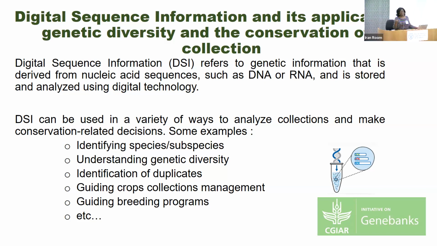We heard this morning that there is a lack of taxonomists in the world. We have fewer experts in that domain, so digital sequence information can play a role here, in understanding genetic diversity, identifying duplicates, guiding crop collection management, and also breeding.